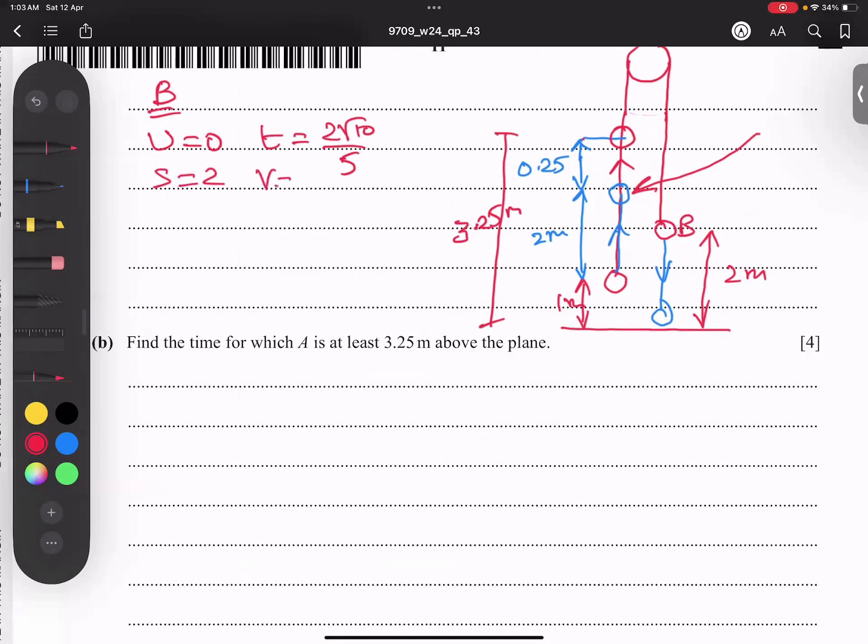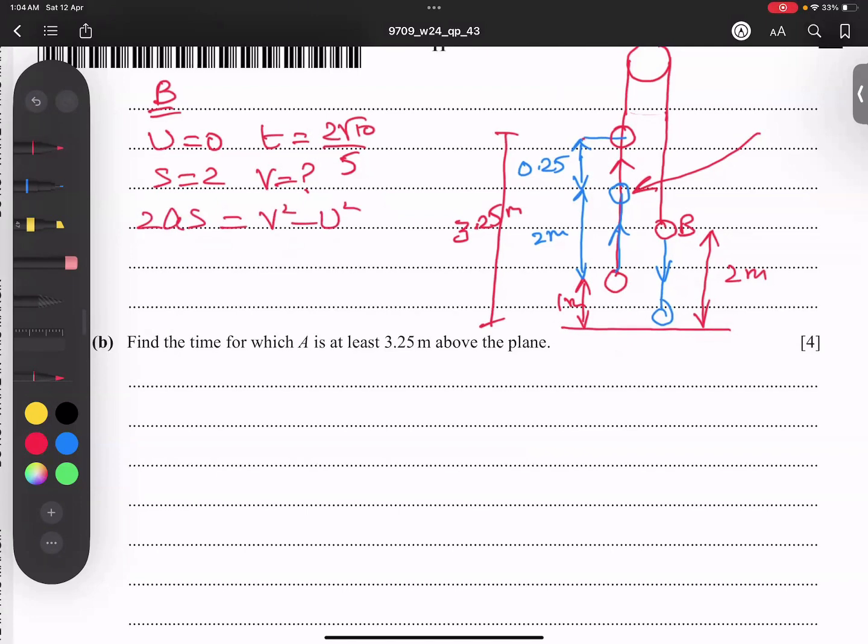I want to find the last velocity, and s is equal to ut plus half at square. Okay, and acceleration we have as well. Actually, this is no need. We are using the other formula, 2as is equal to v squared minus u squared. And this time is not even required.